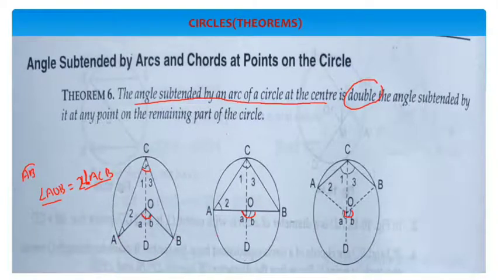Here it was a semicircle, so it was subtending a straight angle at the center. And here AB is the major arc, so the major arc subtends a reflex angle at the center. So we have to prove that the angle at the center is double the angle on the remaining part of the circle. This is the theorem and we have to prove it.